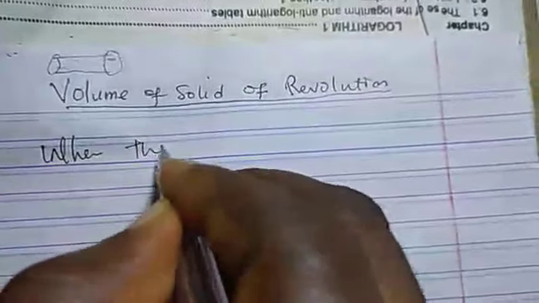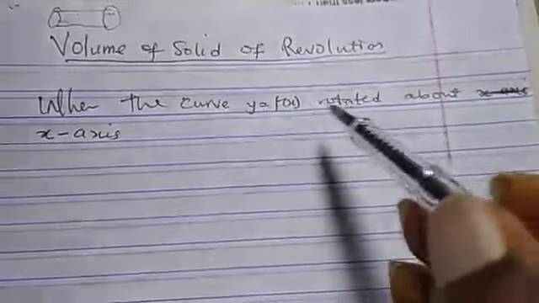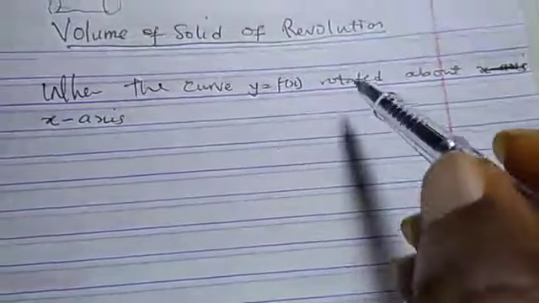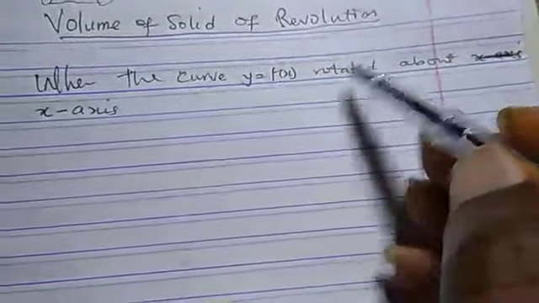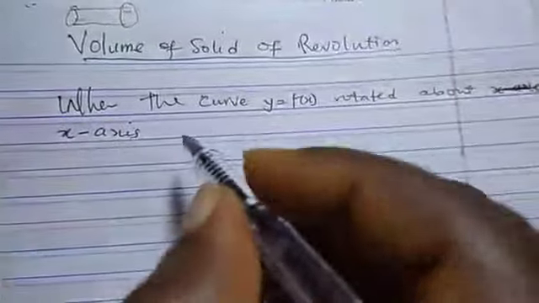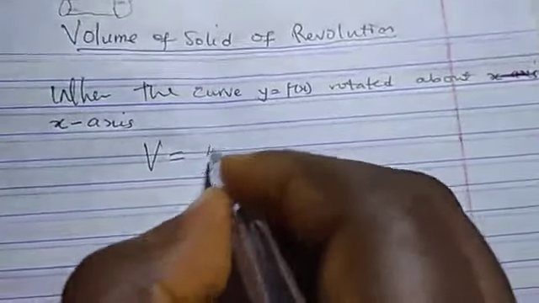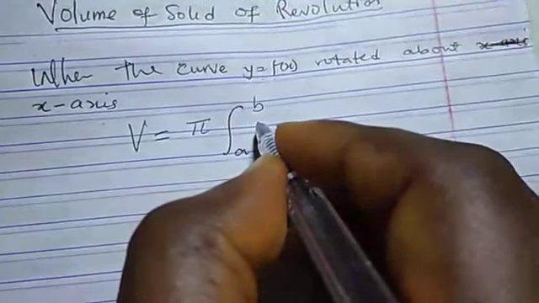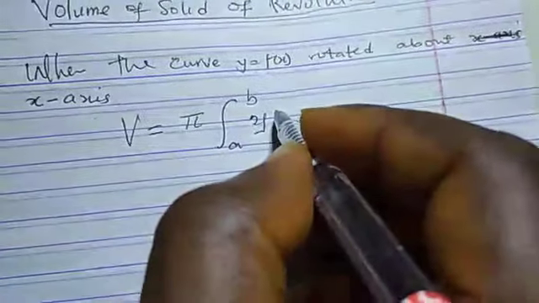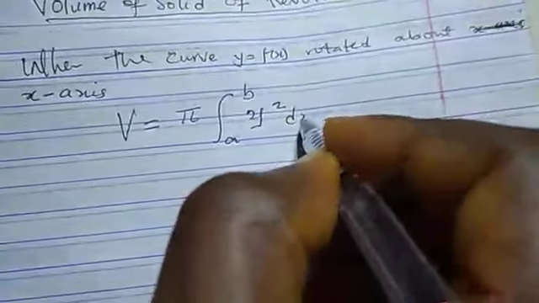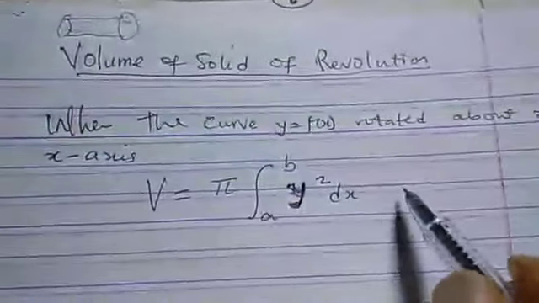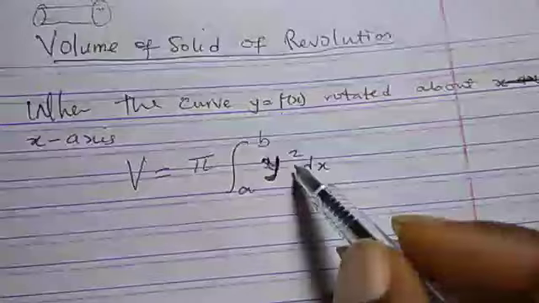So when the curve is rotated about x-axis, or is revolved about x-axis, the volume is given as pi integral from a to b of y squared dx. This is when it's rotated about x-axis.